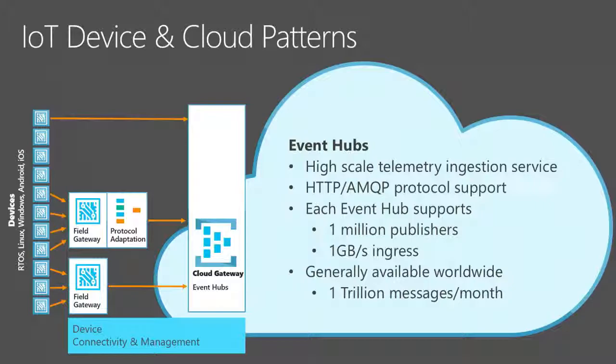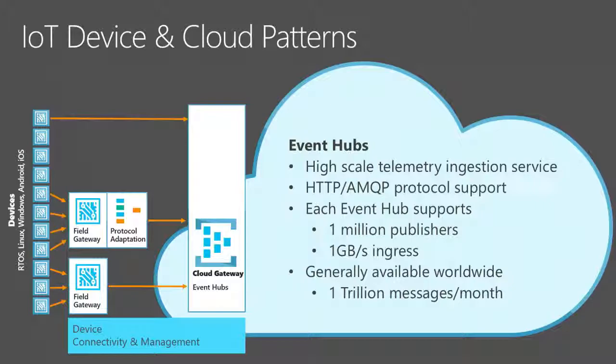On the left here, we have devices, and most devices these days largely run Linux. Some run Windows, but more often than not, they're running Linux. They have the ability to connect themselves to a cloud gateway, in this case, Event Hub. That's our telemetry ingestion service. You'll have to know that if you're going to connect anything, Event Hub is the thing to connect to. Something very important to know.